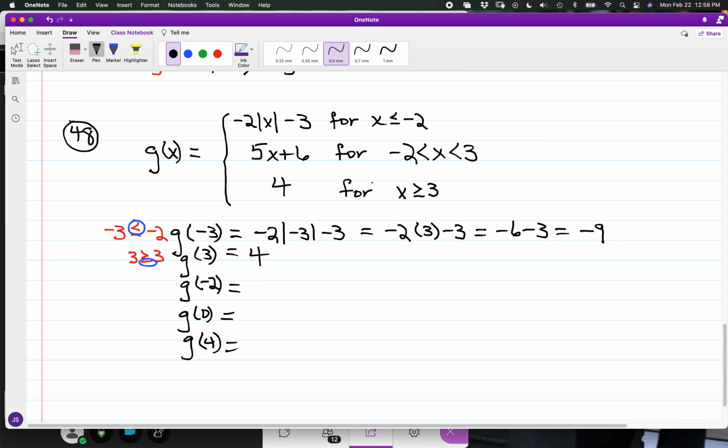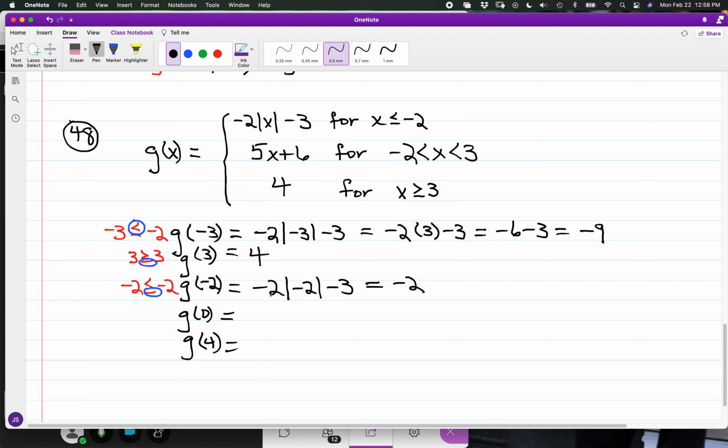And for g of -2, -2 belongs with the first description, just like -3 earlier. -2 is not less than itself, but it is equal to itself. So we have -2 times the absolute value of -2, followed by the subtraction of 3.